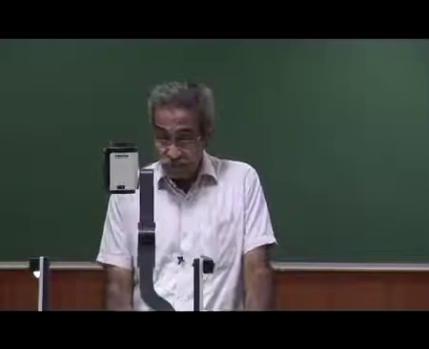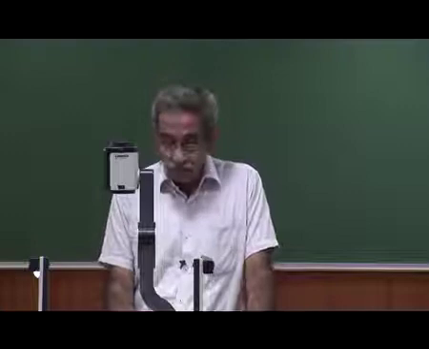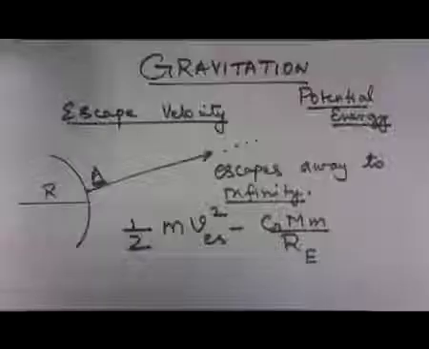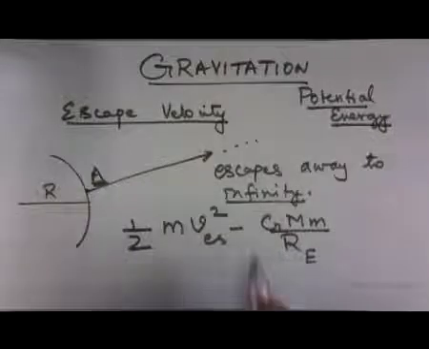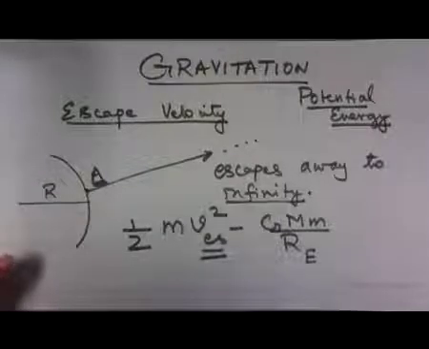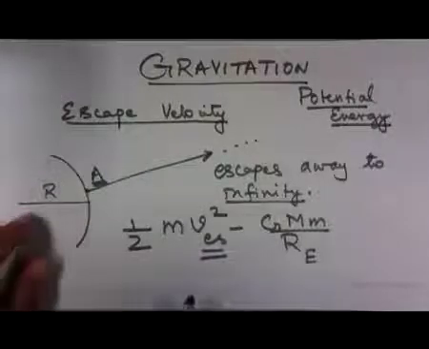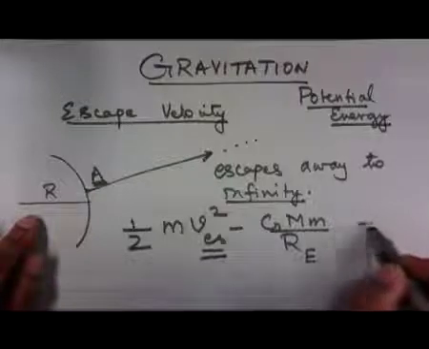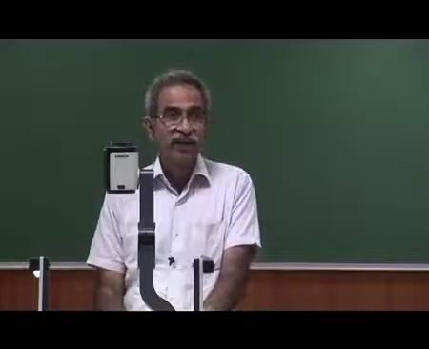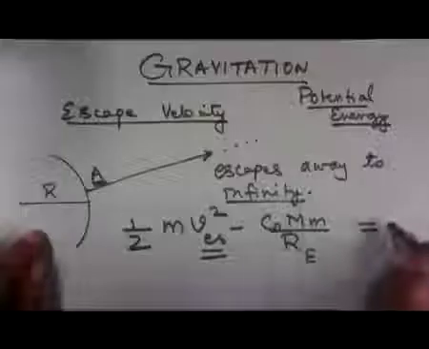This is the total energy of the body, and that should be conserved as the body moves along the earth's gravitational field. But now I am asking for the minimum energy, and therefore the minimum kinetic energy, and therefore the minimum velocity, which I call the escape velocity, and that would happen if the particle were at rest far, far away from the earth. Therefore, we put this equal to 0.